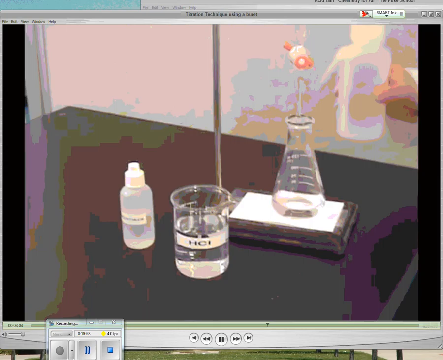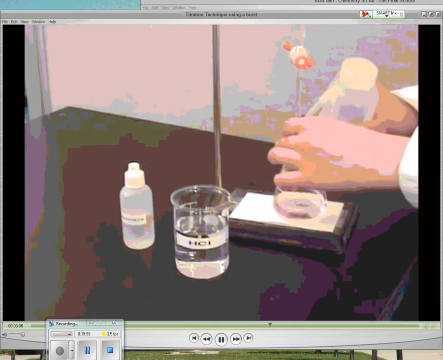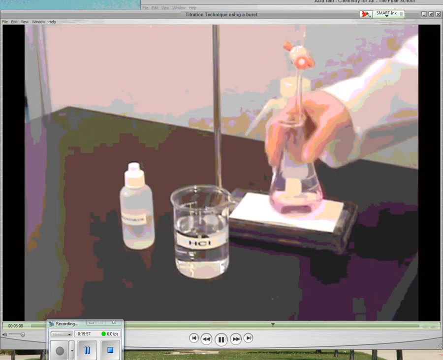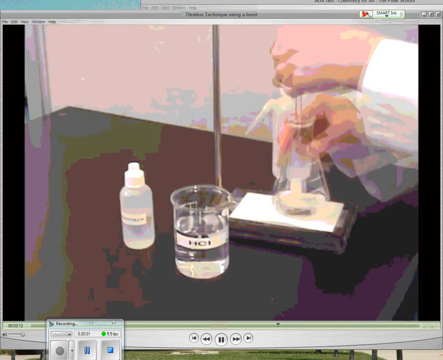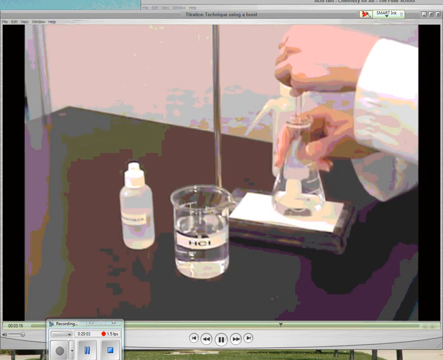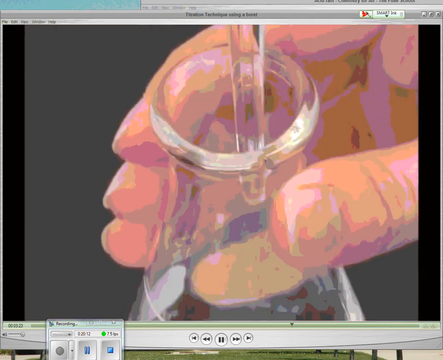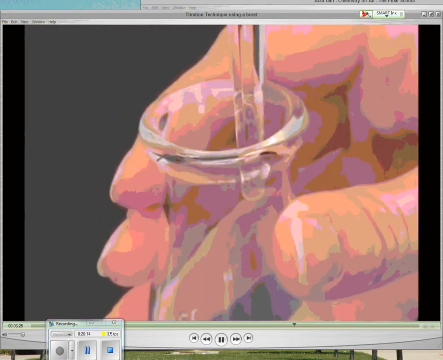Touch the tip to the sides of the flask and wash the sides down with water so that all titrant that has been delivered has reacted. Slowly open the stopcock and allow a partial drop to form. A partial drop just covers the tip of the burette. Touch the tip and rinse until the endpoint is reached.